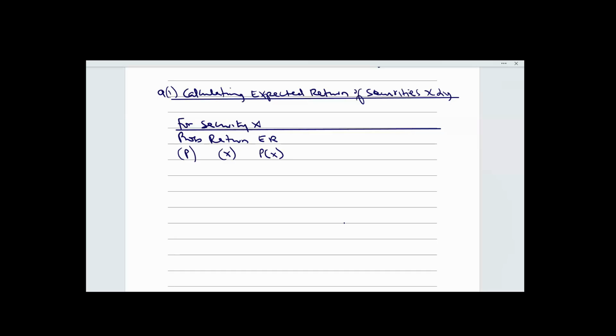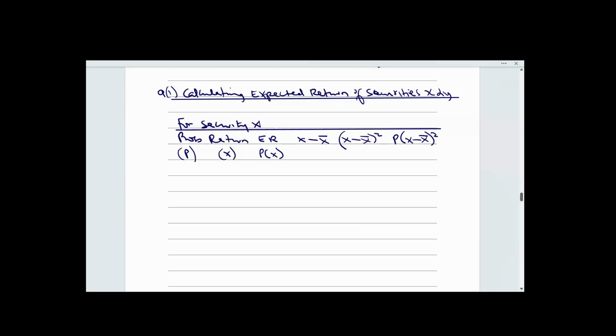So I will expand my table to calculate variance: X minus X bar, X minus X bar squared, then probability times (X minus X bar) squared.